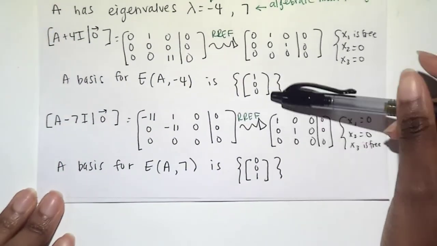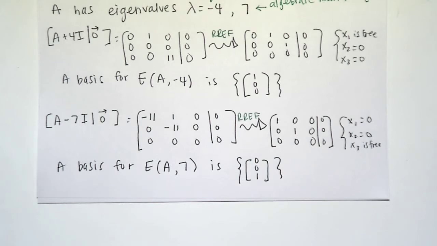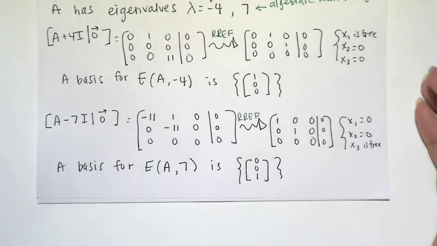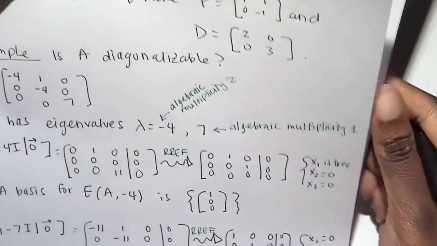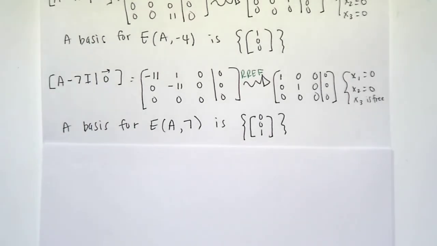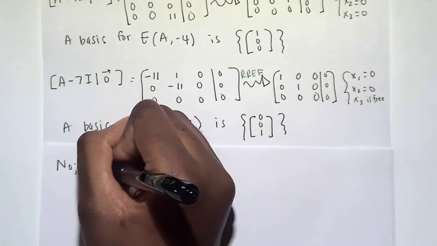We've only come up with 2. That is not enough. Every other eigenvector we get will be linearly dependent on one of these. So we're only going to have 2 when we need 3. So our answer is no. A is not diagonalizable.